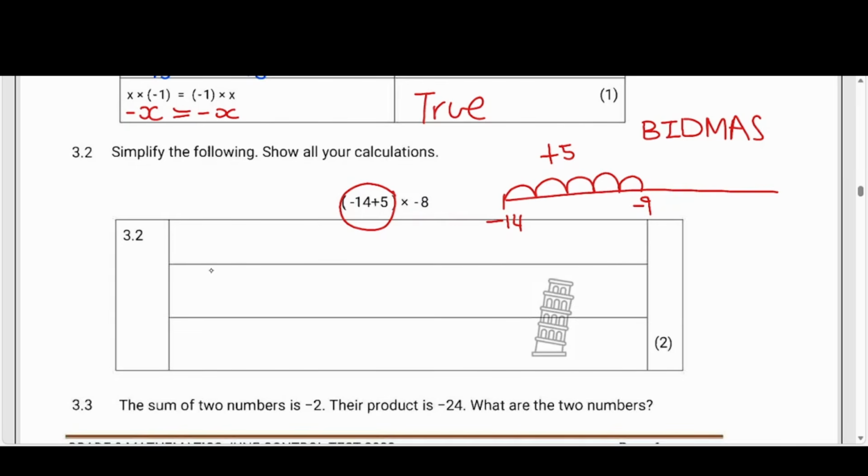So that's what that bracket becomes. So then we've got negative 9 times negative 8. A minus and a minus, if you're timesing it, minus times a minus makes a plus. Then 9 times 8 is 72. And then if it is plus like that, you can just write 72.